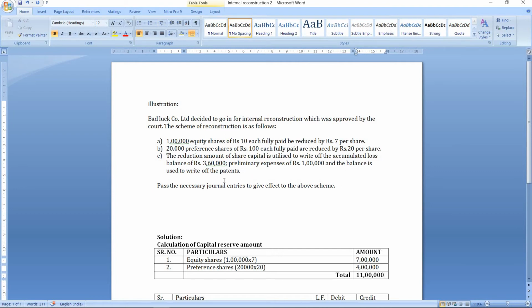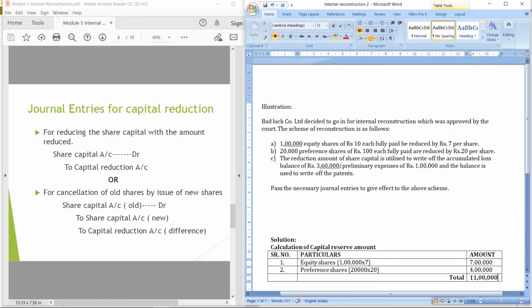So let us now pass the journal entries. Let us look at the first adjustment. 1,000 equity shares of rupees 10 each fully paid be reduced by rupees 7 per share. So these 1 lakh equity shares are to be reduced by 7 per share. Let us look at the entry for reducing the share capital with the amount reduced.